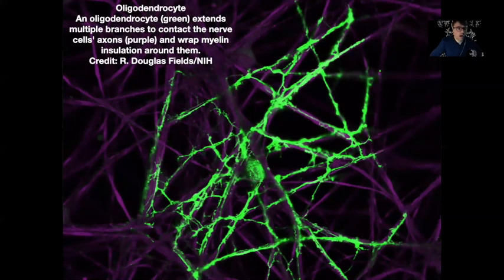Next are the oligodendrocytes. If the neuron was the ideal structure for localizationist people, associationist and holistic researchers, those who believe in that theory, will be much more interested in connections.